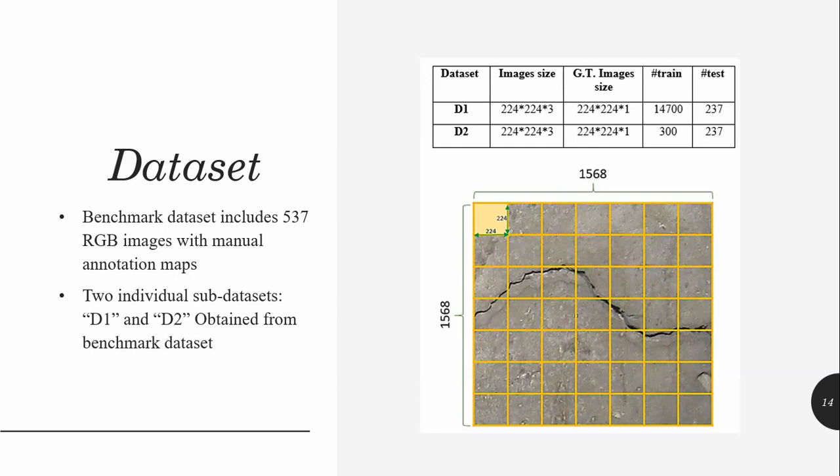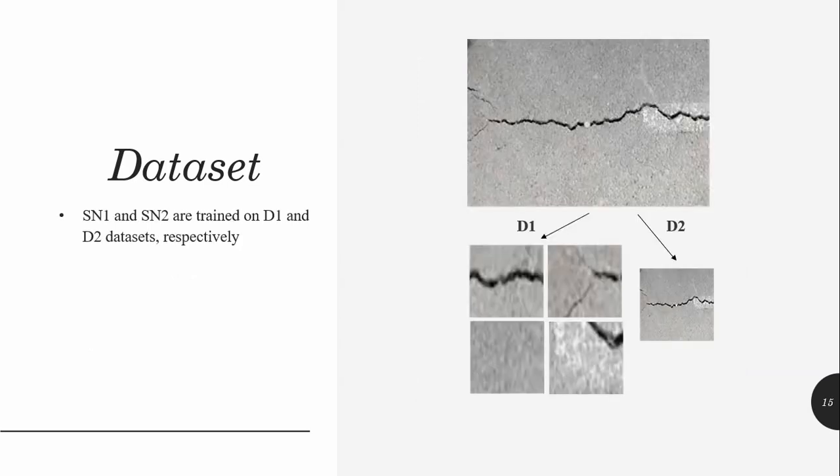So we have 14,700 training data for SN1 and 300 training data for SN2. As is shown here in the picture, the left image represents data of D1 and the right one belongs to D2, which are for SN1 and SN2 respectively.